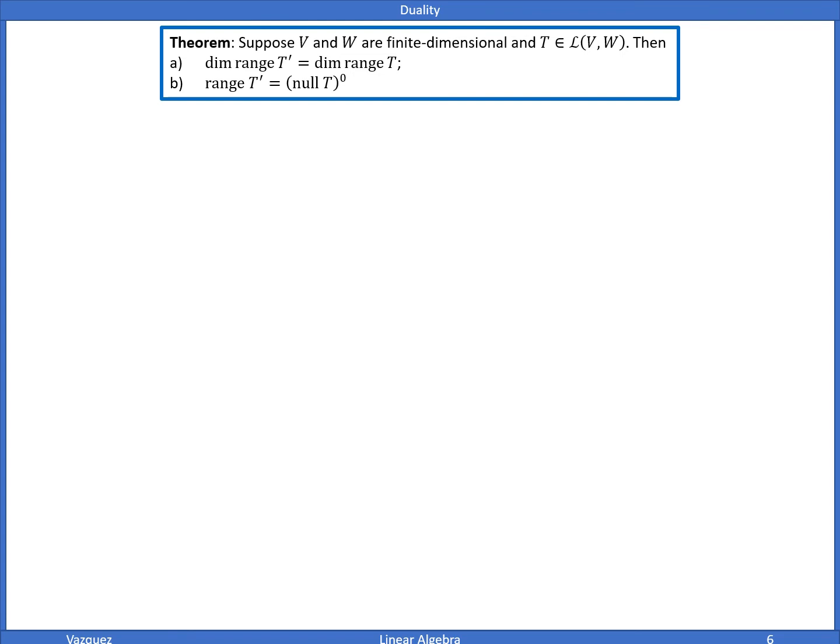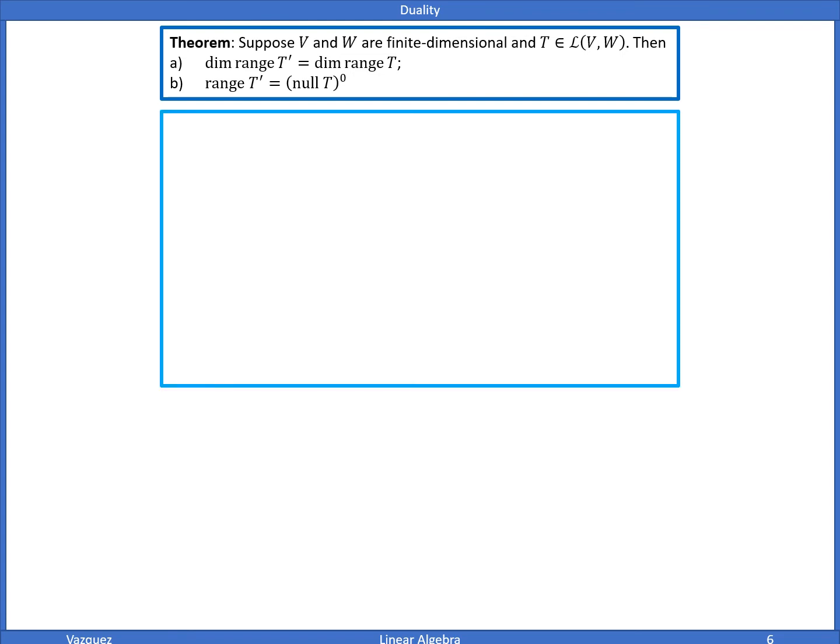The proof for the first one is a bunch of equalities, nothing too complicated. The dimension of the range of T prime, or the dual map, is equal to the dimension of W prime minus the dimension of the null space of T prime. That just comes from the fundamental theorem of linear maps.